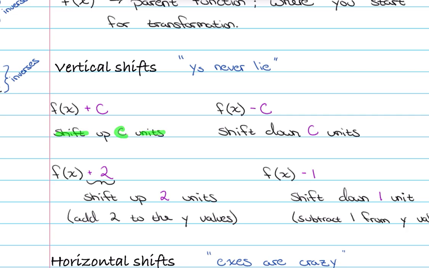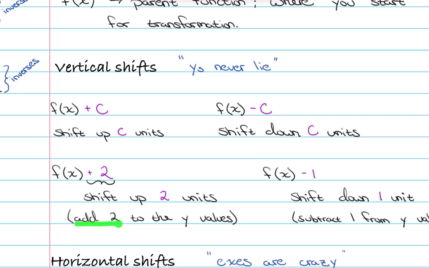And I gave you a little bit of an example. If you've got f of x plus 2, that means we are going to shift our entire picture, whatever the picture looks like, up 2 units. That also means we would add 2 to whatever our y value is.